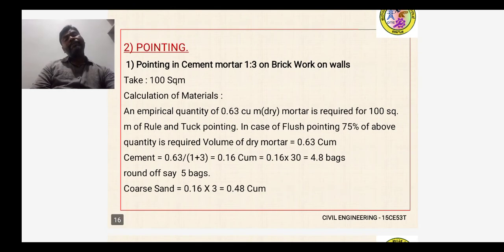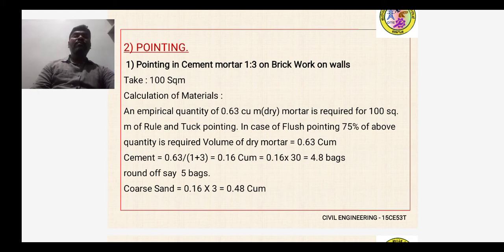Similarly, pointing. Pointing in cement mortar 1:3 on brickwork on walls, take 100 square meter. Calculation of material: empirical quantity of material taken is 0.63 cubic meter overall for 100 square meter of ruled and tuck pointing. In case of flush pointing, 75% of the above quantity is required.